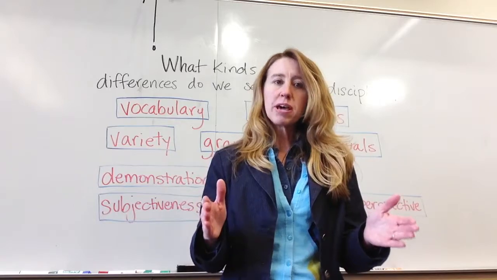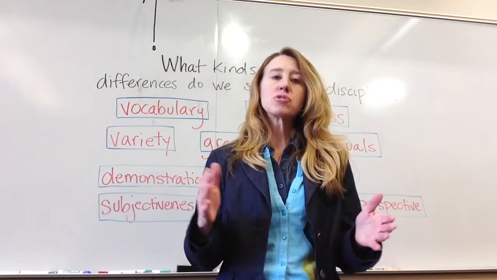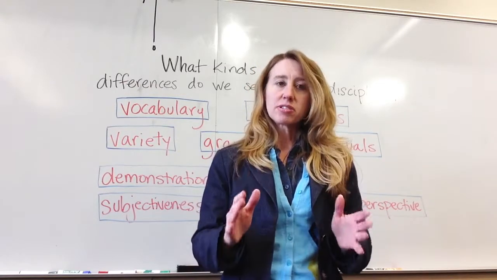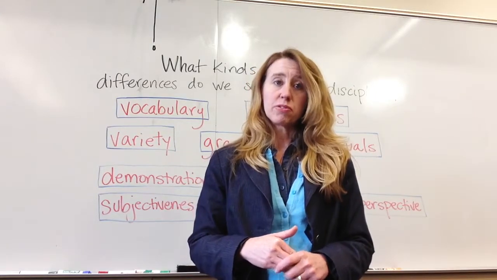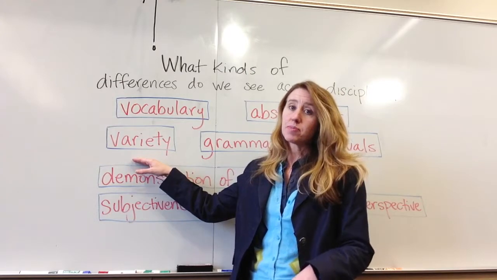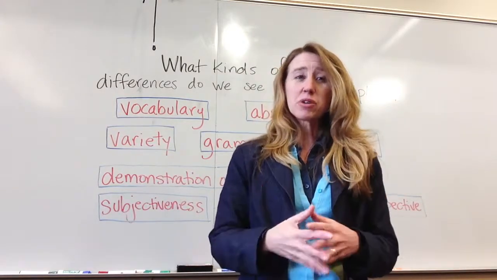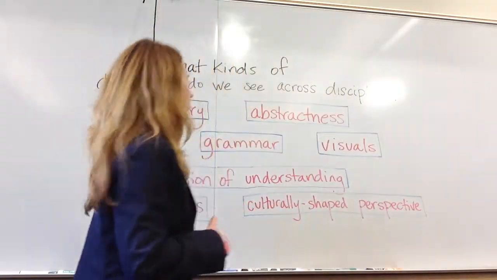So on one page of text, they might encounter language that is 2 steps above their English proficiency, and yet on the same page, language that's 2 steps below their proficiency. And so that's another way that the disciplines can change from one to another, and that's something we're going to be on the lookout for as we explore our 2 disciplines.